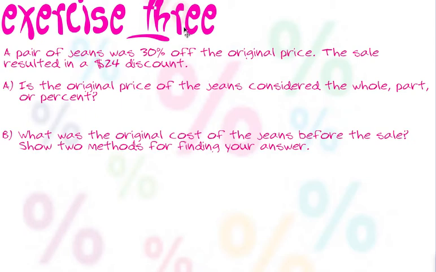Each of them is talking about which piece are you looking for, the whole, the part, or the percent. And what I want you to remember is how you put your percentages together in terms of fractions. So when you're looking at the value and the ratio, again, the ratio is set up as part to whole, so your value should be set up as part over whole.